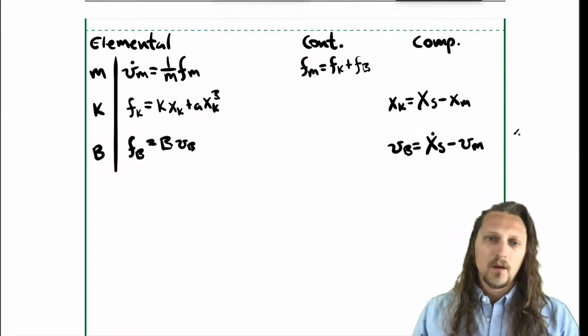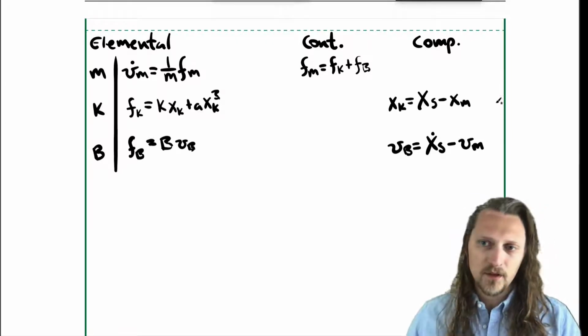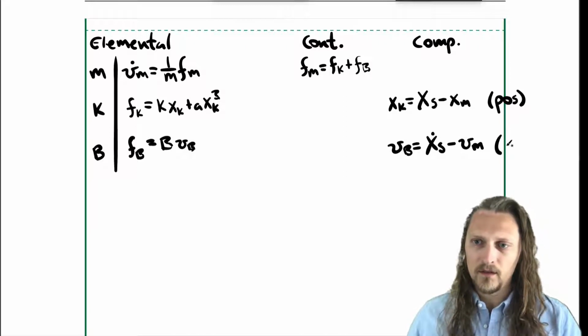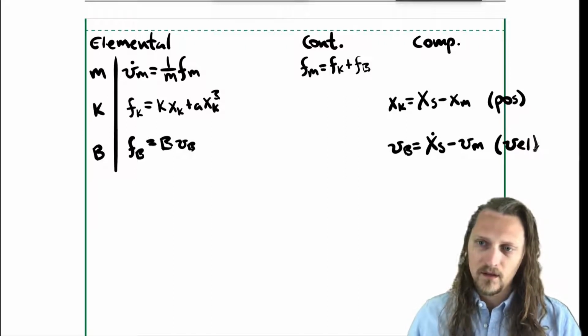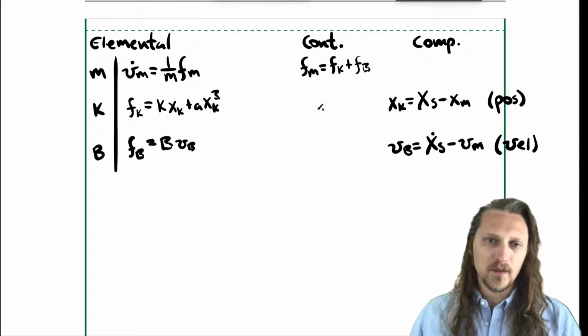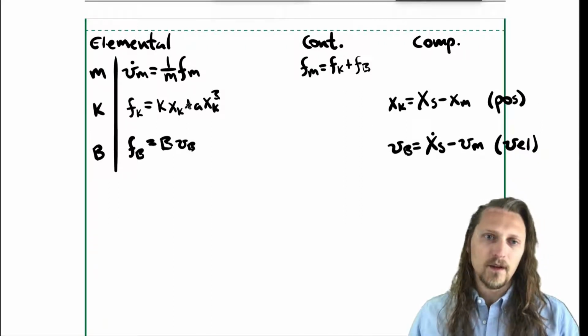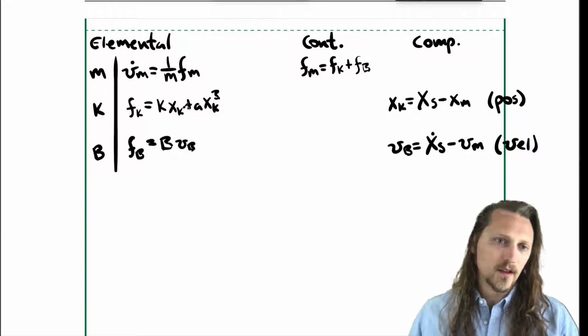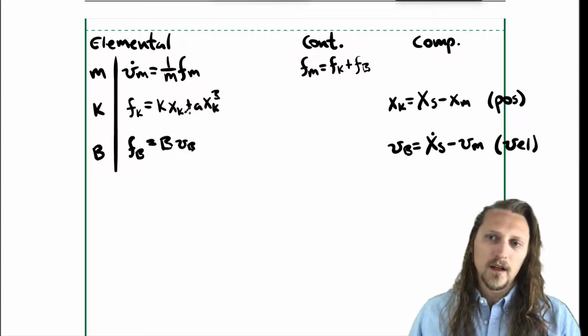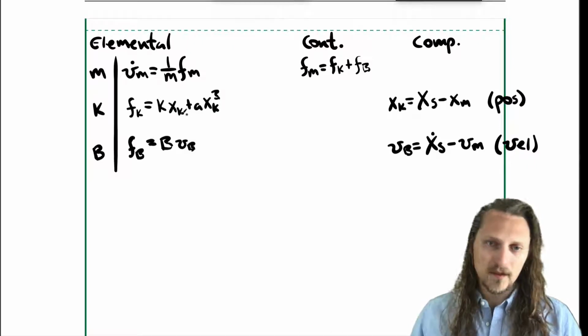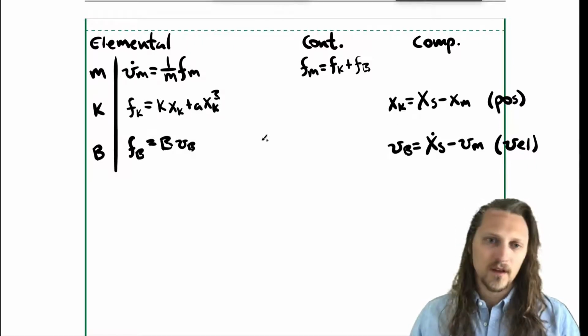Okay, so we did a compatibility equation in position, and we did one in velocity. We chose position because this secondary variable, if you will, needs to be eliminated, and it's a position. So we wrote it in terms of position.